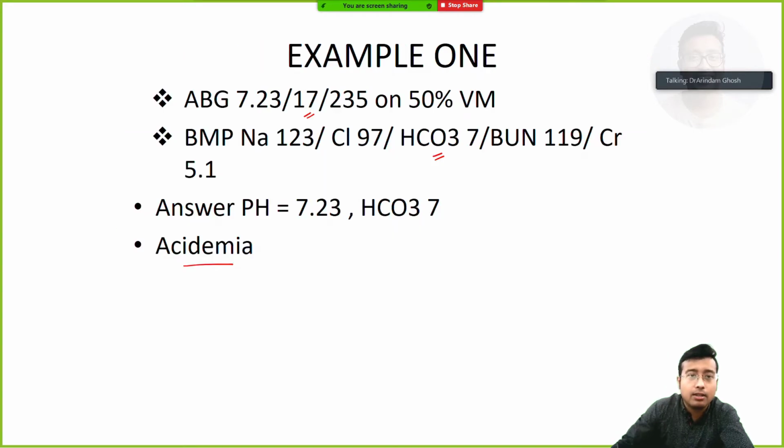Over here, pH is going down, bicarbonate is going down, and PCO2 is also going down. Since PCO2 is going down and pH is going down, the disorder is not due to PCO2. Definitely the disorder is due to bicarbonate, and PCO2 is actually the compensatory process. Forget compensation. For the primary disorder, these two are going down.